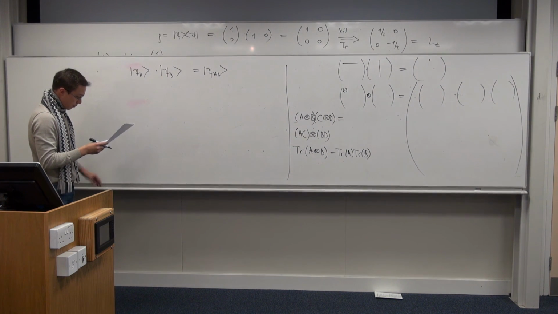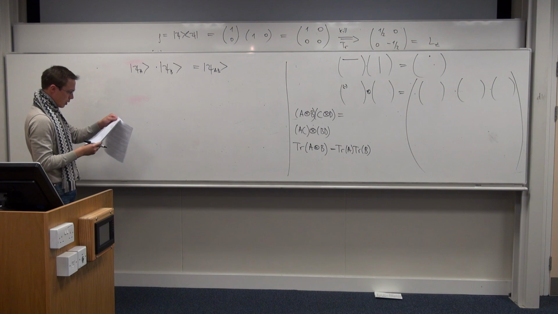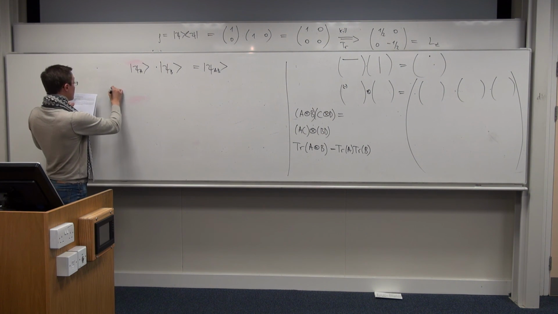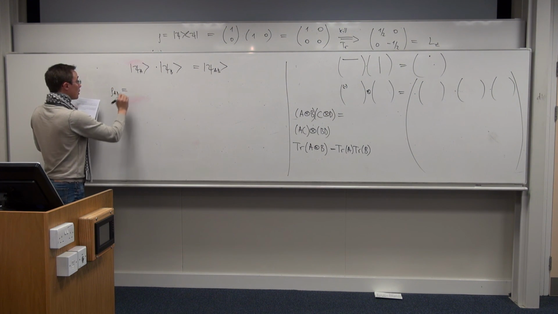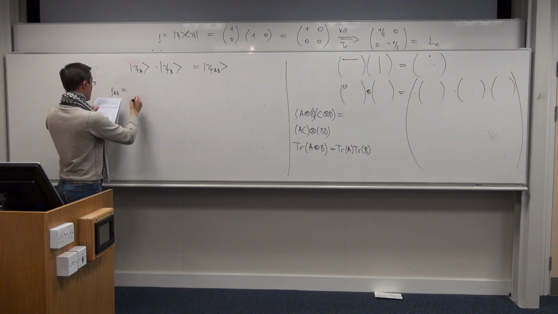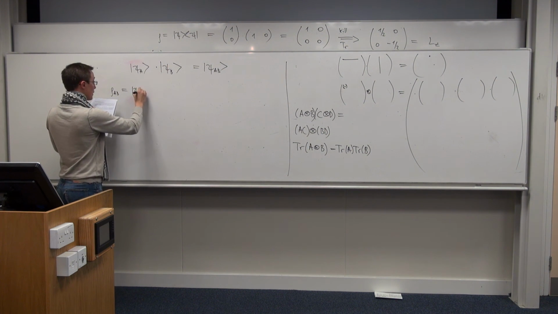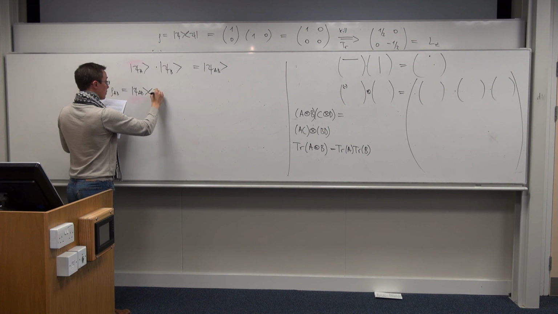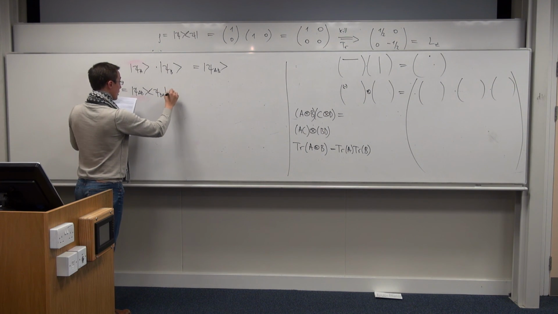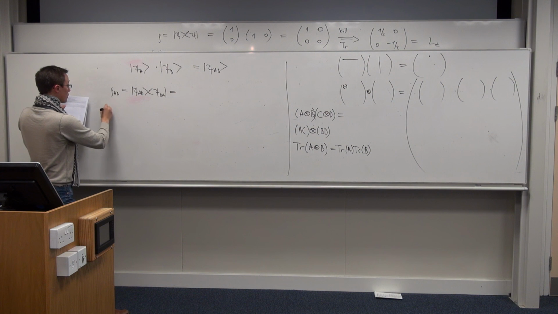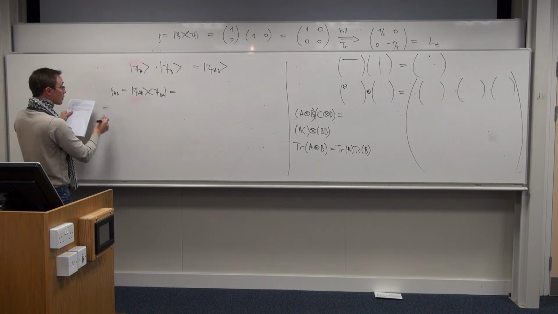My time is running out, but the handout is as well. So rho of AB will be, as the definition suggests, psi AB, psi AB dagger. That we work out in terms of the products.